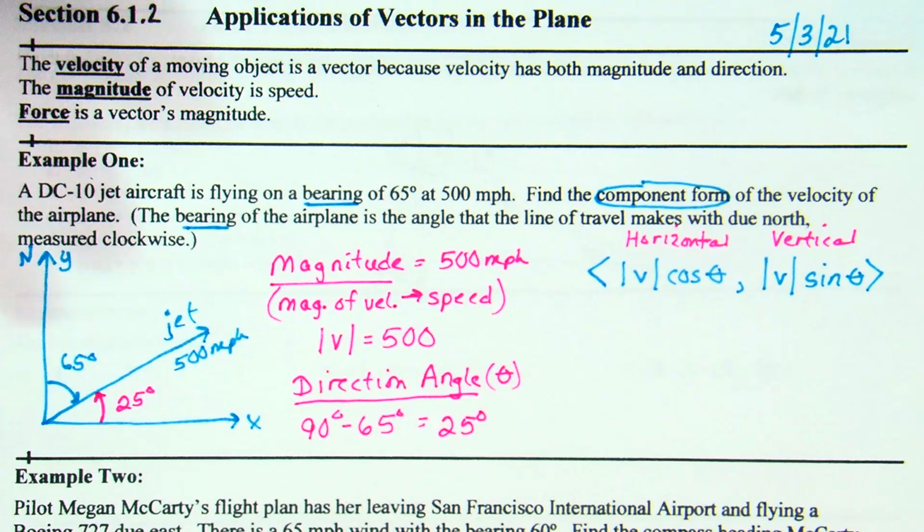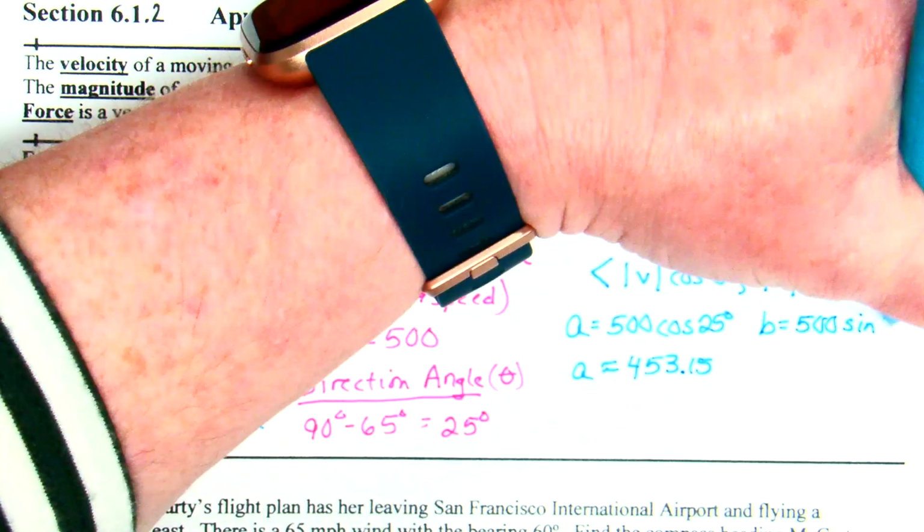Oof, sorry, I've got to turn that light off. Got a big glare there. Now 500 times the sine of 25 degrees. Again, calculator problem. Don't miss a button on the calculator like I just did. That would have given me a wrong number. 211.31.